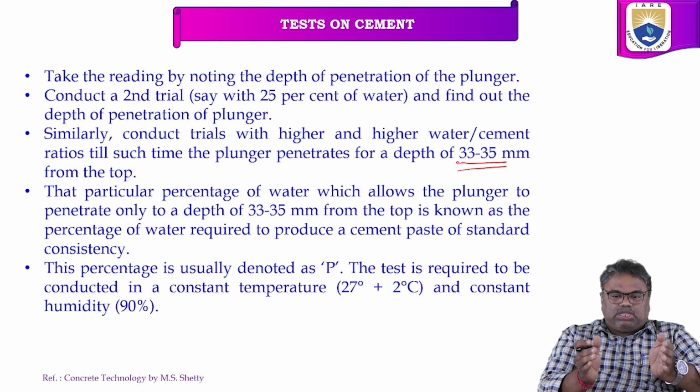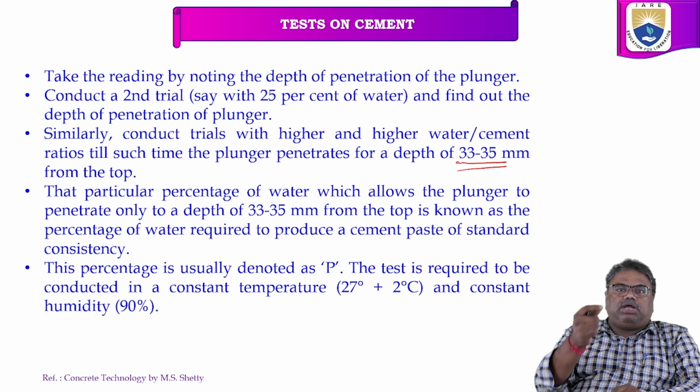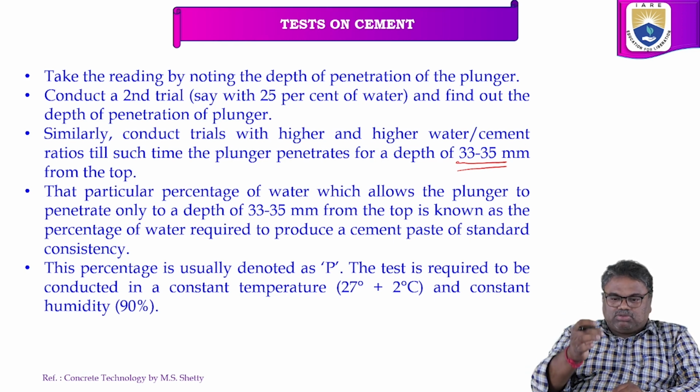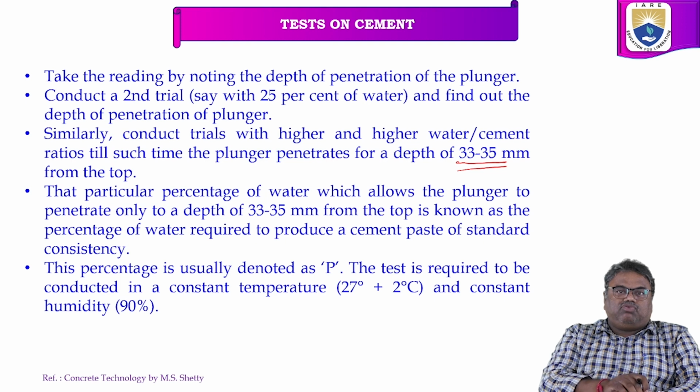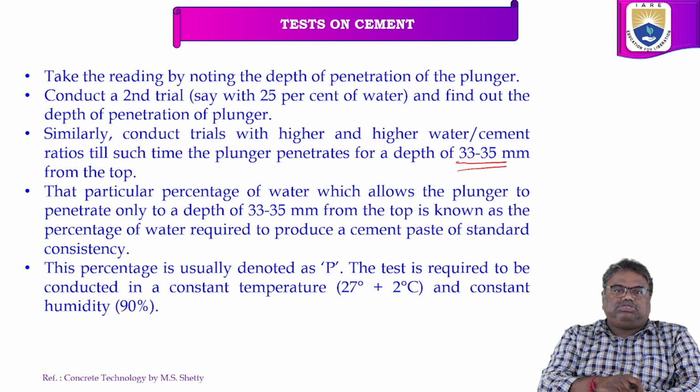Then put the entire mold into the Vicat apparatus and attach the plunger. Bring down the plunger to the surface of the cement paste and release it quickly. The plunger has to penetrate into the cement paste by its own weight.